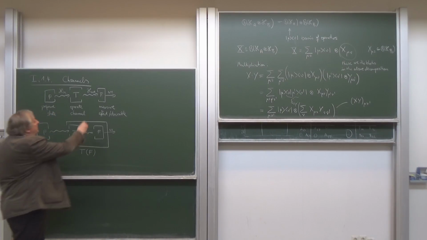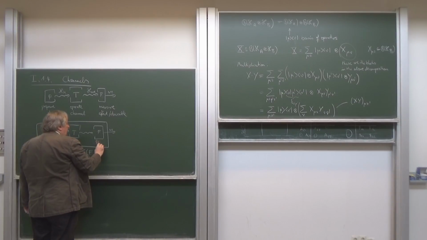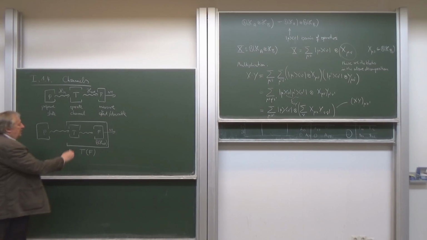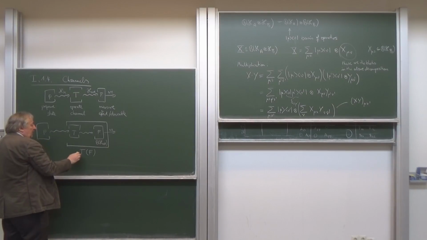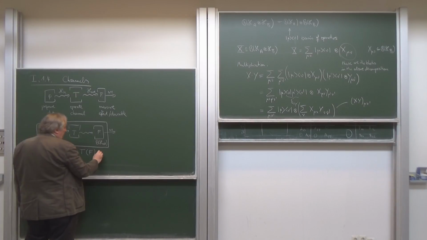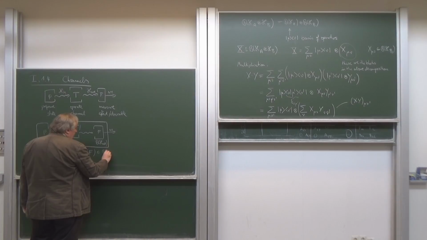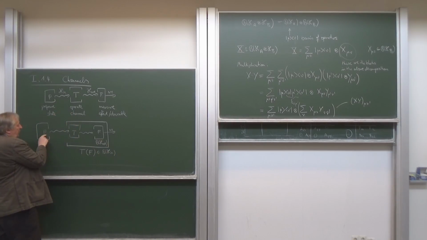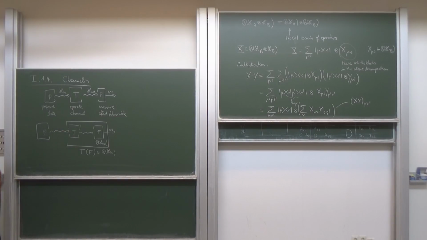Now, F would be an element of B of H out. I'll probably soon drop the ins and outs here. And this is in B of H in, because we're considering this as a measurement on the input system to the channel.